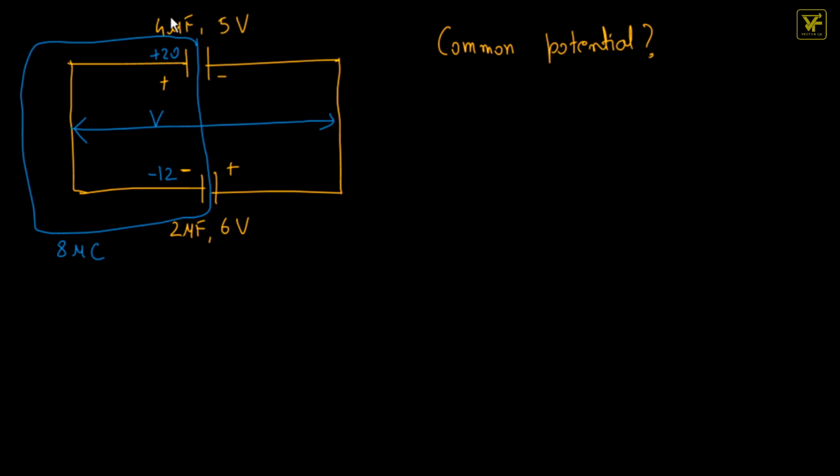Final charge will be 4 into V, which is 4V plus 4V, and final charge here will be 2 into V, 2V. But will this 2V be negative or positive? That is the question. Should I write minus 2V here because this is the negative plate, or should I write plus 2V here? The answer is you have to write plus 2V.